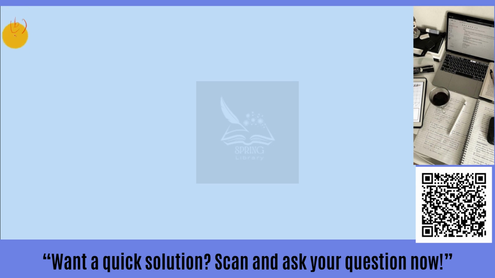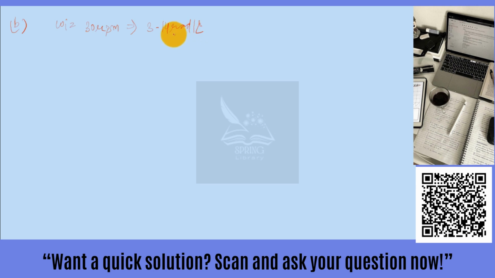Part B. The initial angular velocity of the train is omega i is equal to 30 revolutions per minute, and converting it into radian per second, we get 3.14 radian per second.